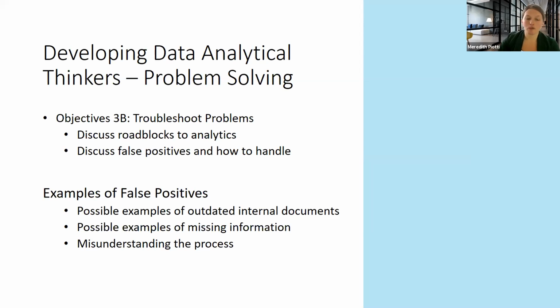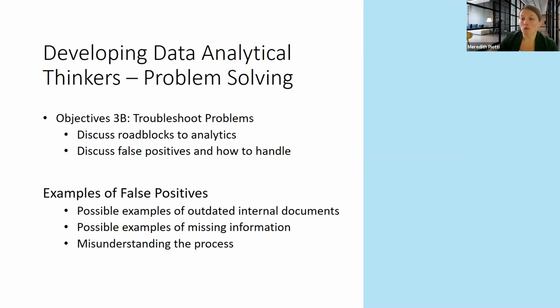So some possible examples are outdated internal documents. Something looked like it was not properly approved because your approver list is old and it's changed. So all your data is wrong because somebody got a new limit, there's new people added to the list, all these things. Potentially, you could have duplicate payments because 1 week of data accidentally got uploaded to your analytics software twice.